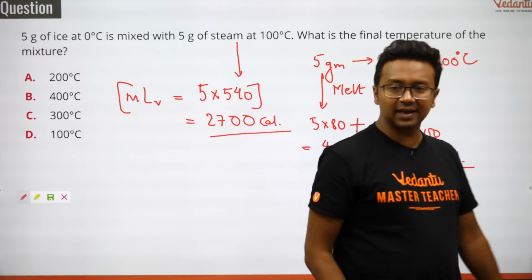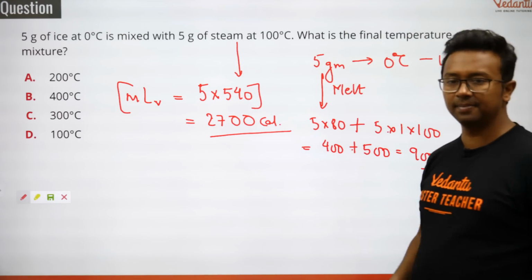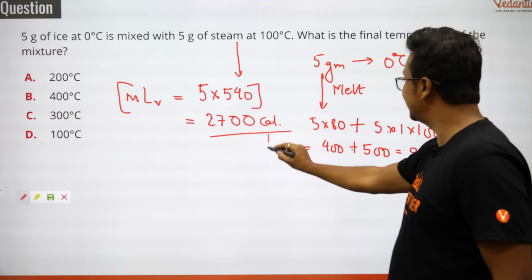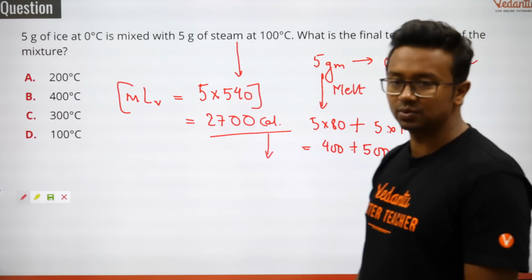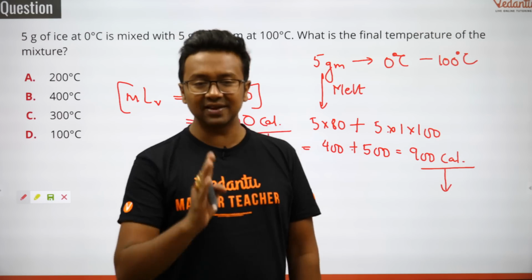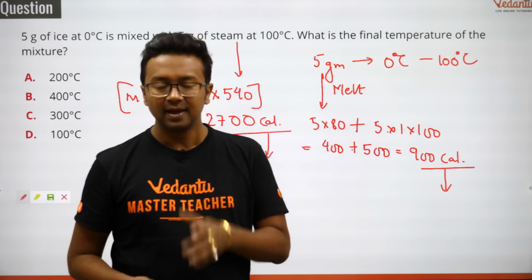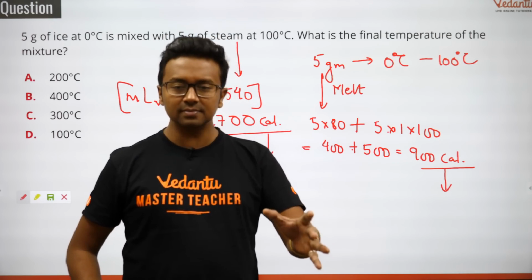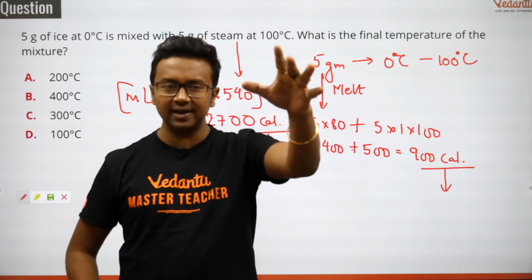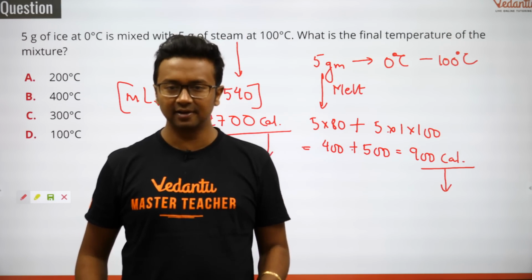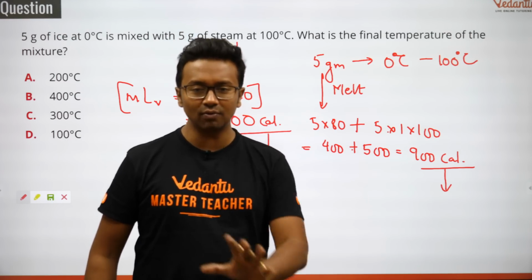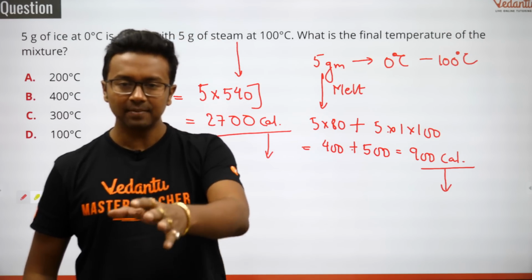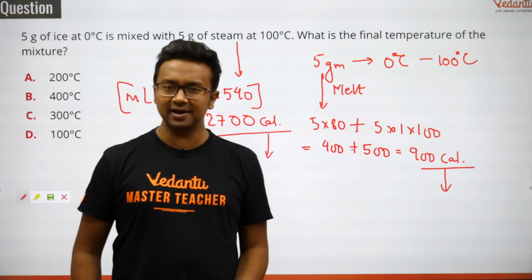Now you just need to check and understand these two data, that is 2700 and the next one is 900, my dear students. Okay, 2700 and 900. In order to melt ice and go to 100 degree, I need how much? 900. Now if the 5 grams of steam converts, it gives 2700, but I don't require that, I require 900.